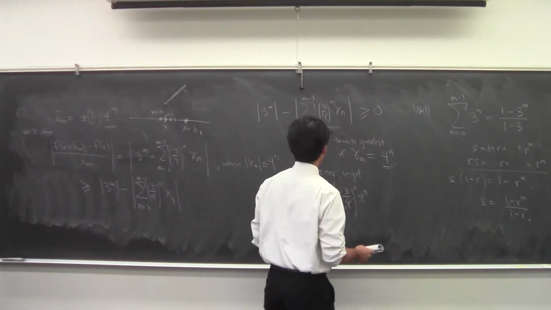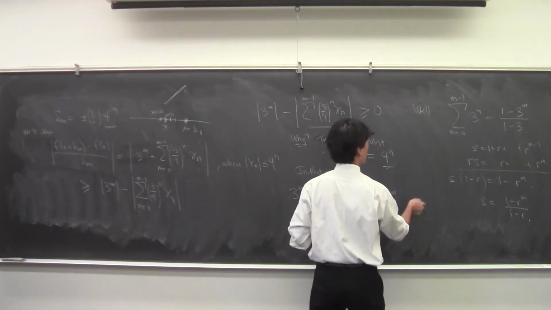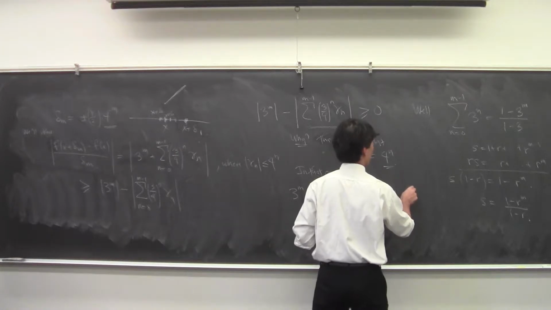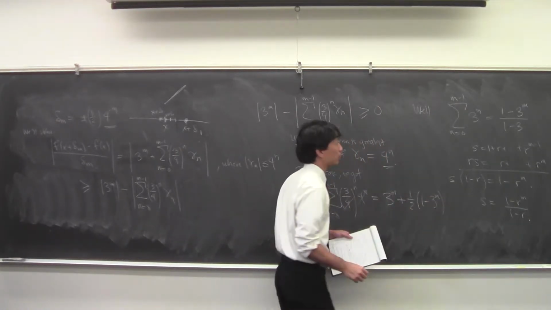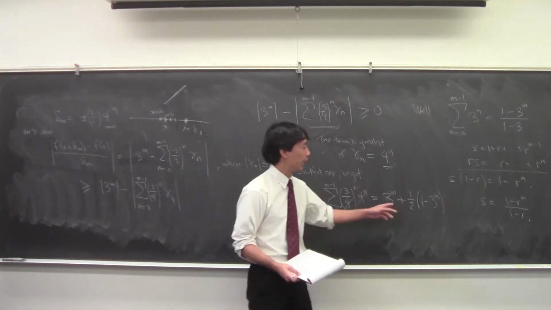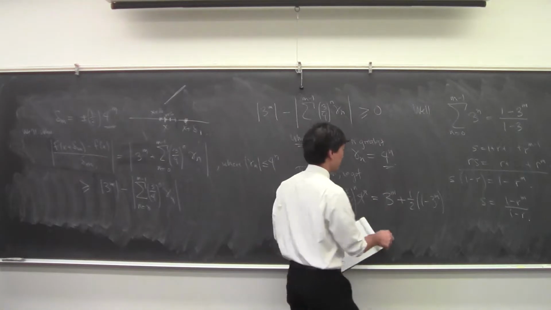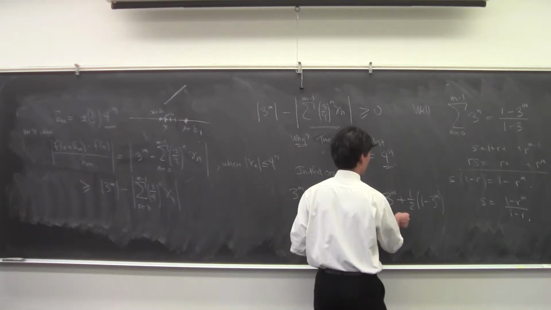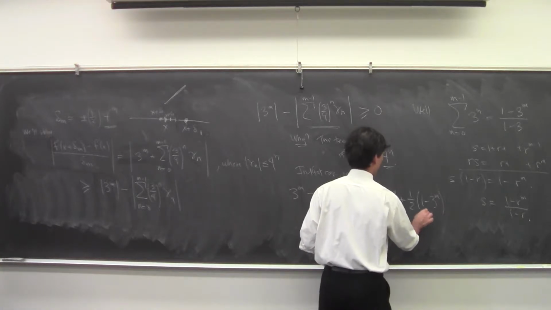But so this thing is going to be 3 to the m plus 1/2 of 1 minus 3 to the m, because I've got the minus 2 on the bottom. But what is that? That's going to be 1/2 of 1 plus 3 to the m, which is bigger than 0.